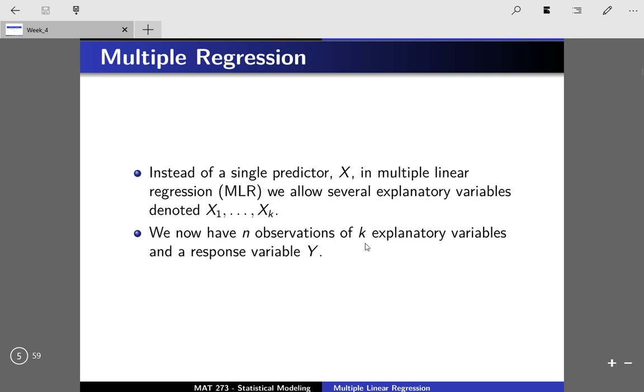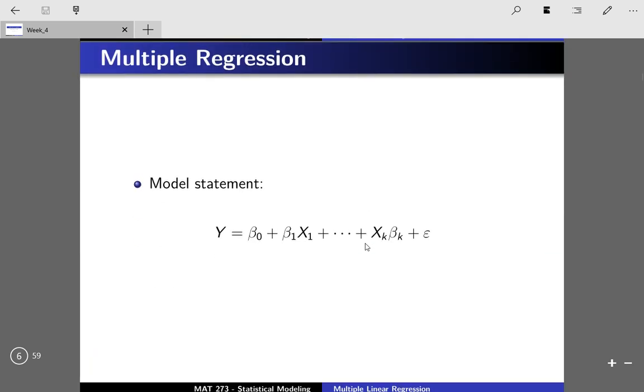So for example, we could model students' height, try and predict their height using their age and BMI. So height is our response variable in that case, and we have 2 predictors, their age in years, which is quantitative, and BMI, which is another quantitative explanatory variable. So we can use these together jointly to make a prediction.